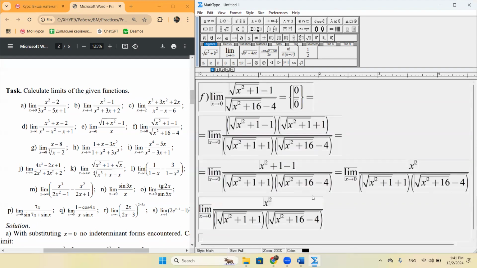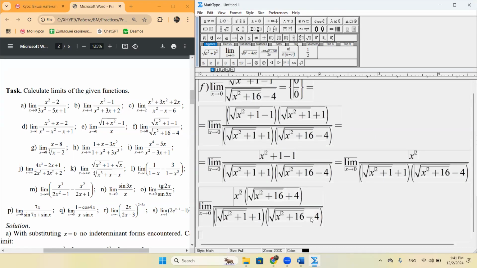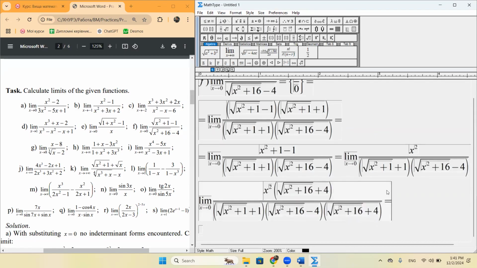So now multiplying this by the conjugate expression of this expression. So plus 4, leaving it without changes for now, and doing the same here. And now expanding the brackets in the denominator.